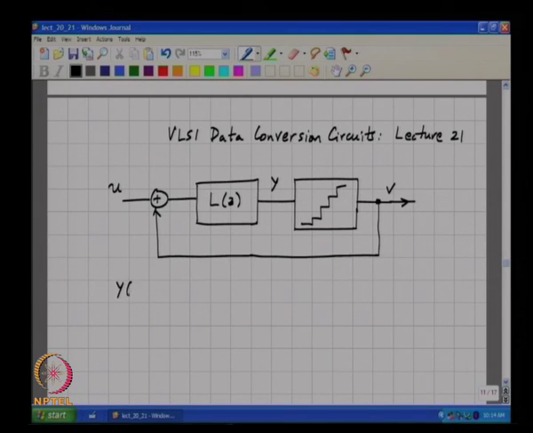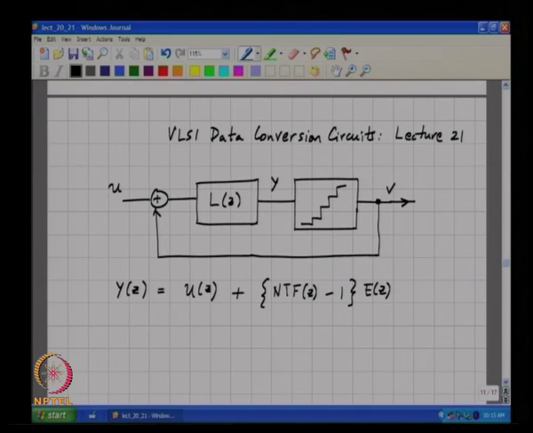And we said that if we assume that the quantizer is an additive noise source, the input to the quantizer can be written as the sum of the input to the modulator plus NTF of z minus 1 times E of z.